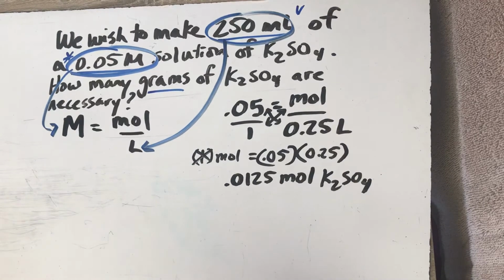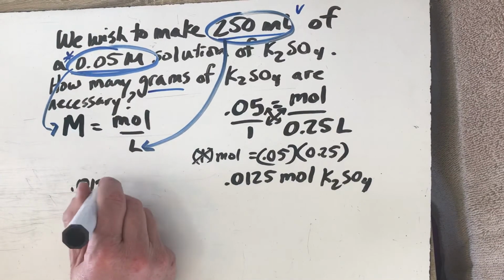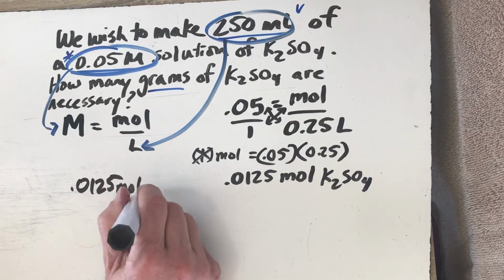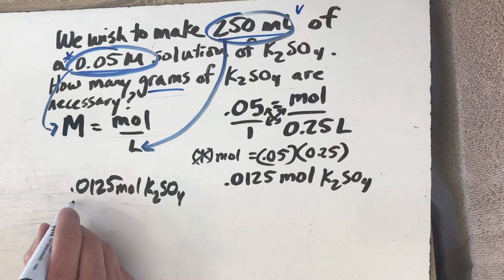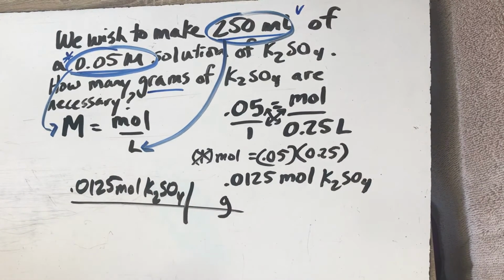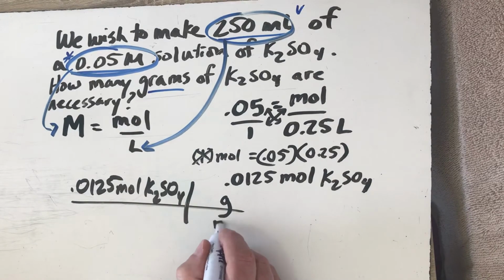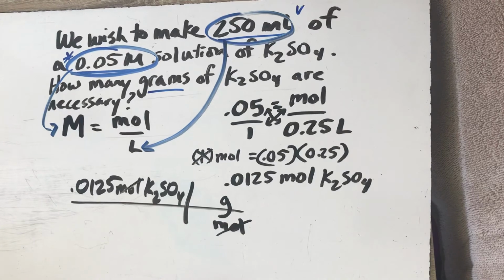So we go back to our periodic table, we do a little conversion here. 0.0125 moles of K2SO4, get your units, your formula correct. I'm going to turn that into grams this time. Okay, I want moles to cancel out, so I'm going to put that on the bottom.